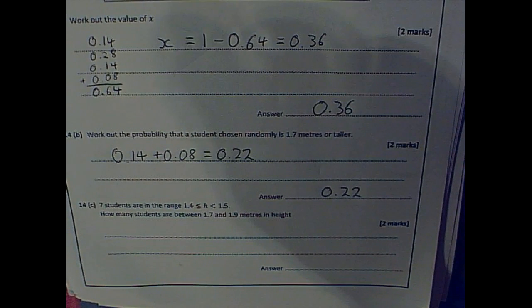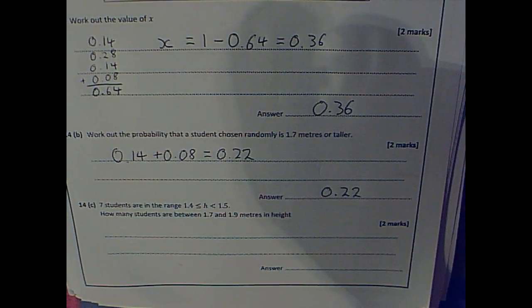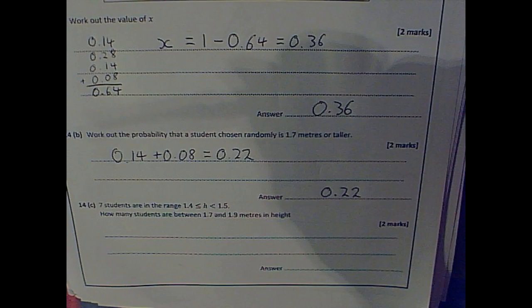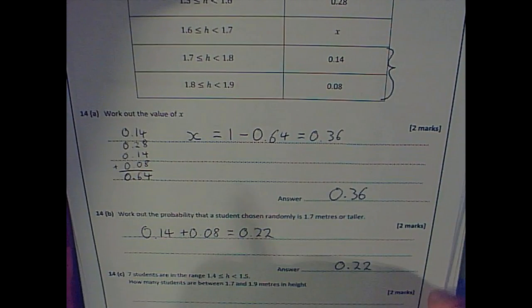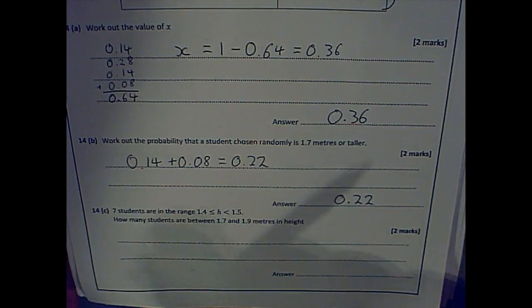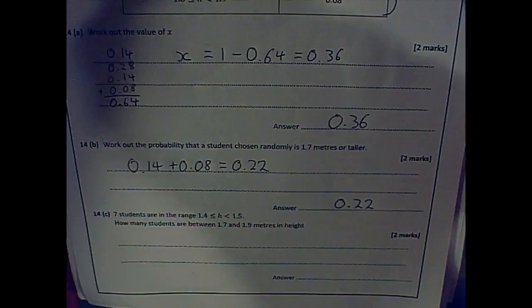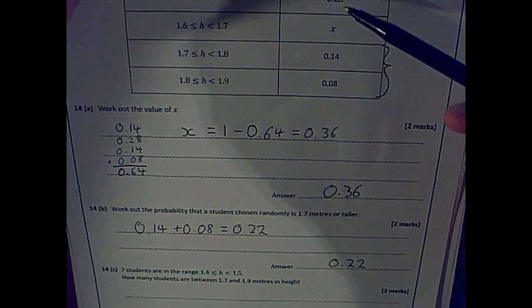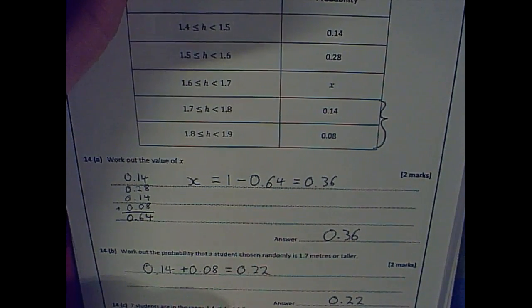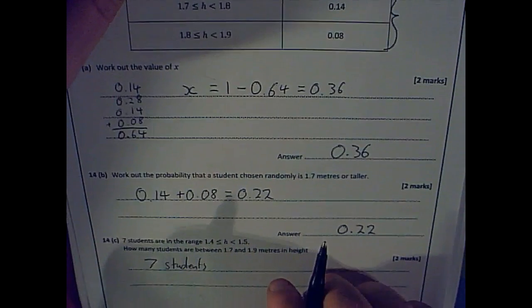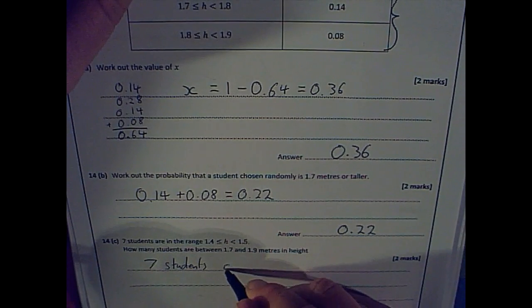14C. 7 students are in the range 1.4 meters to 1.5 meters. How many students are between 1.7 and 1.9 meters in height? Okay, so 7 students equates to a probability. 7 students gives a probability of 0.14.